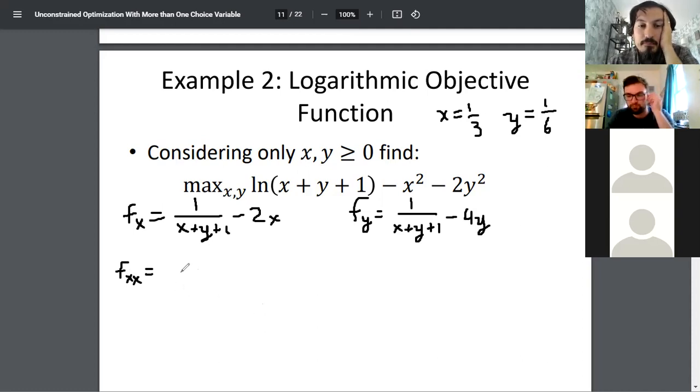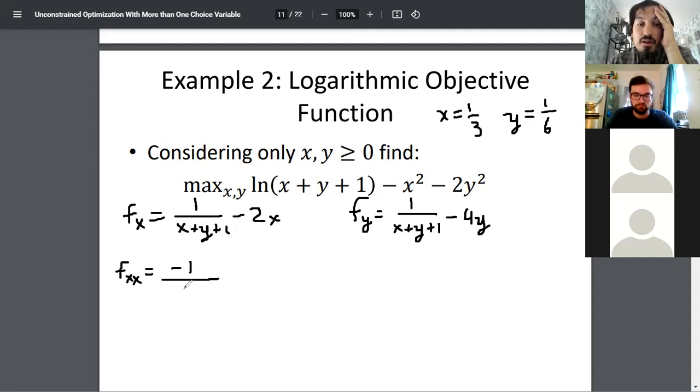Want to take a stab at it? How do you take the derivative of a fraction, 1 over x plus y plus 1, with respect to x? Would it just be negative times x plus y plus 1 to the -2? Yeah, x plus y plus 1 to the -2.